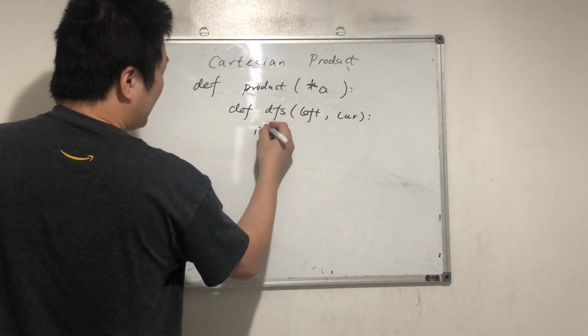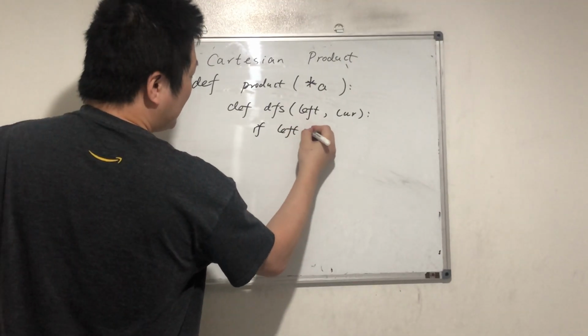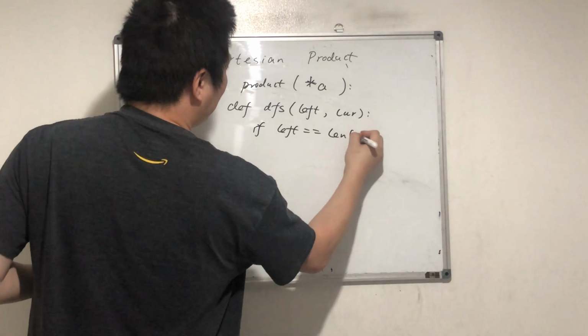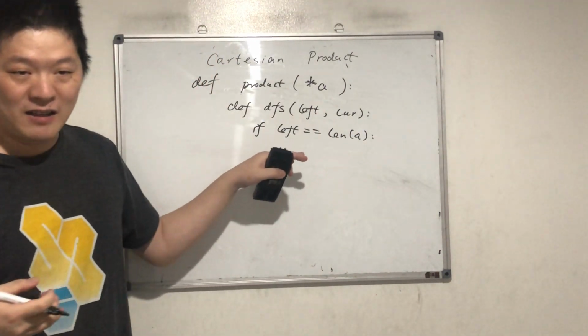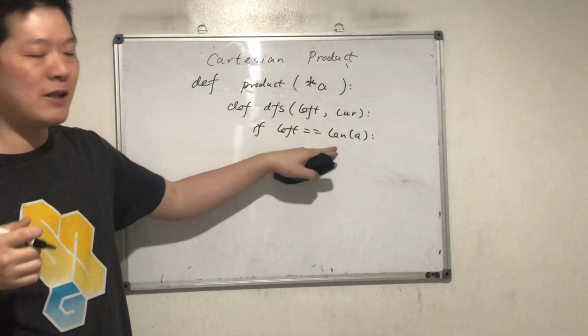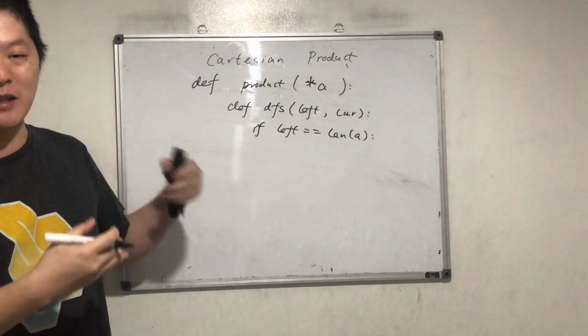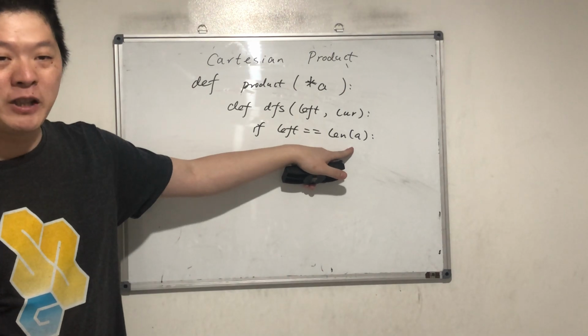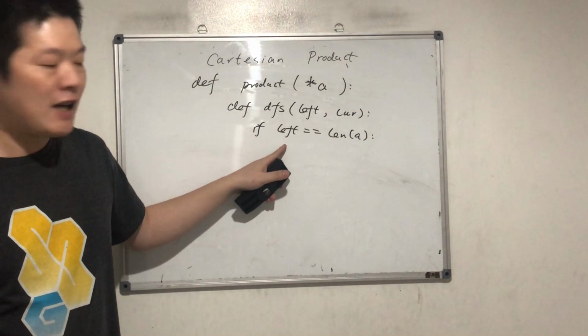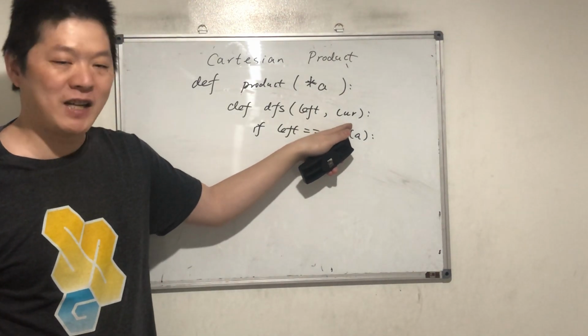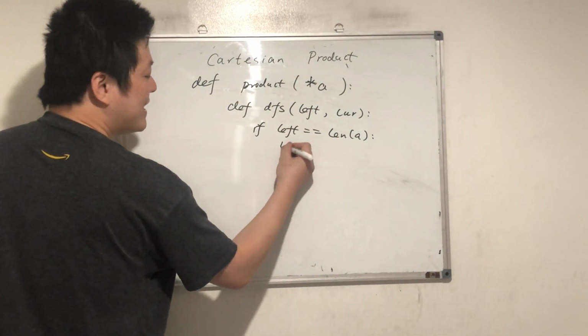Here, look. If left equals length of A, we are reaching the end, right? Remember, we talked about this kind of algorithm before. It's quite similar. If the left pointer reaches the end and we have a current solution, we can yield here.